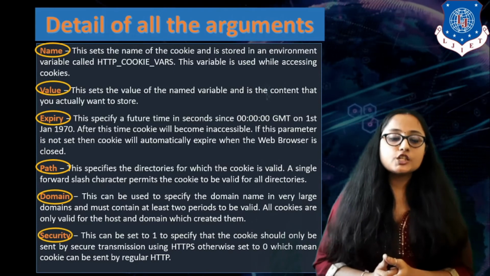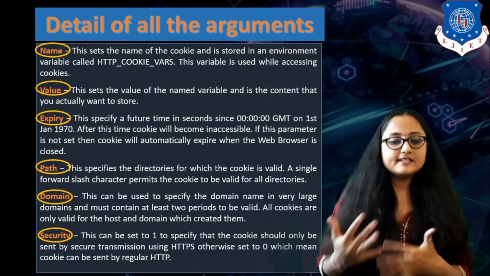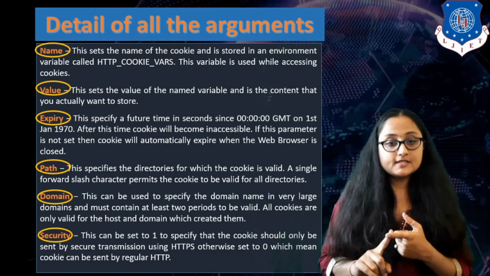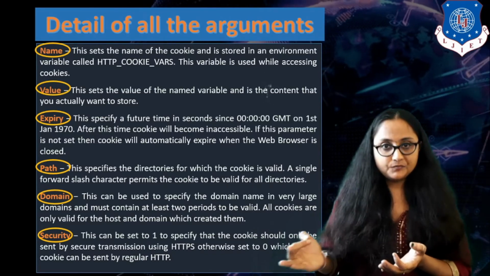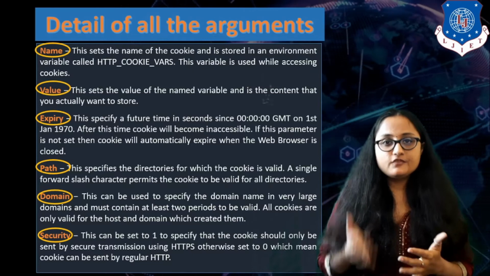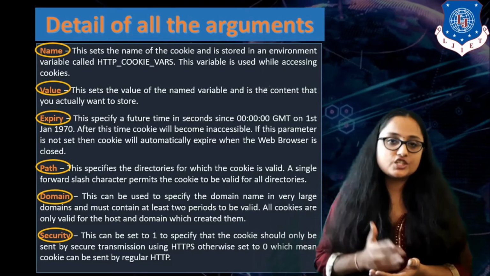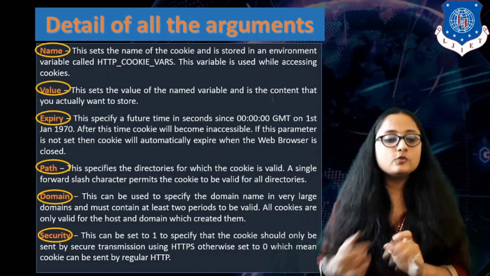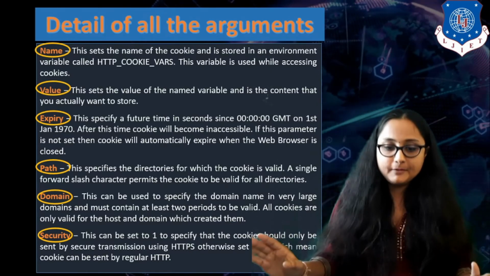The next is security. This can be set to either 1 or 0. If you set security to 1, it means that your cookie should only be sent for secure transmission. Now what is secure transmission? When your request is HTTPS, that is, your HTTP protocol is securely transmitted, then you want this cookie to be embedded, otherwise you don't want your cookie to be embedded.